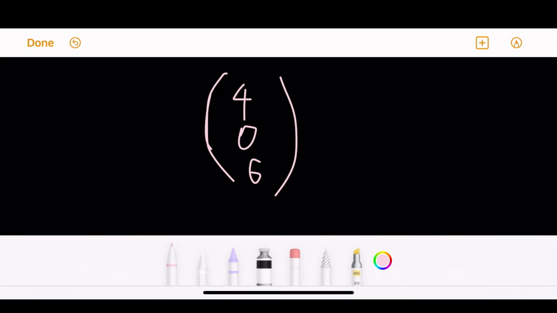So this is called a 3 by 1 matrix, and this is order 3, since 3 times 1 is 3. And this is called a column matrix because it only has one column.